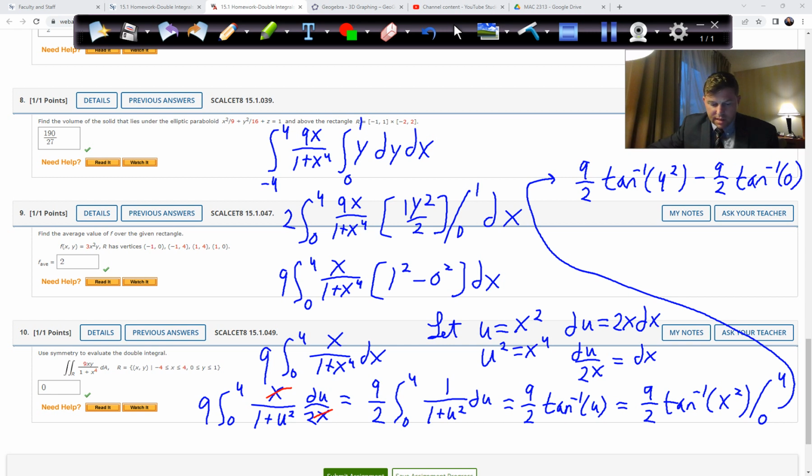And I just realized they want us to use symmetry in a different way on this problem. They did not want us to change the limits of integration. So I'm going to go back, and instead we're going to say, no, this is not 0, it's negative 4. But recall that we doubled this when we did that, so this would really be 9 halves, not 9.